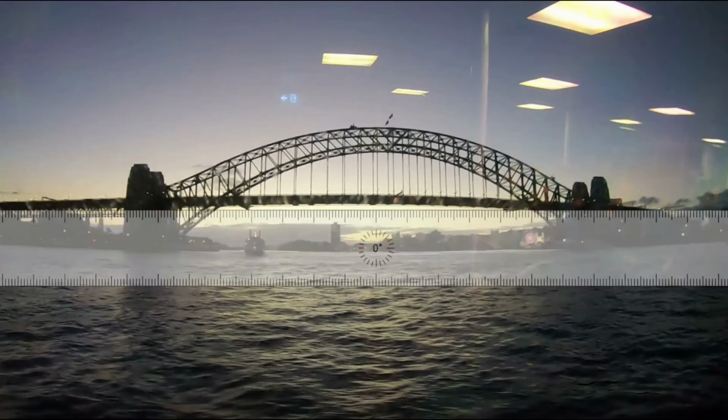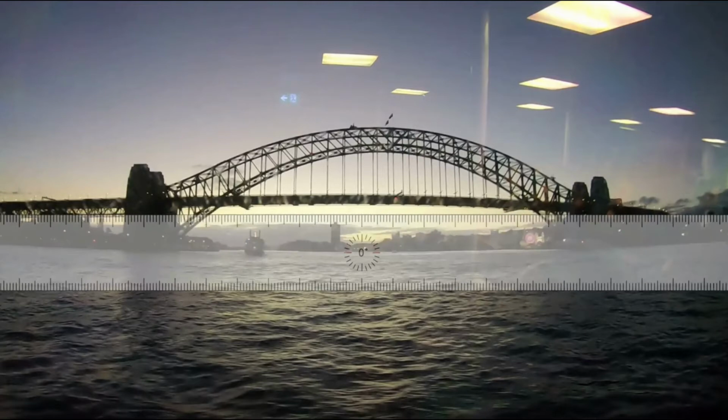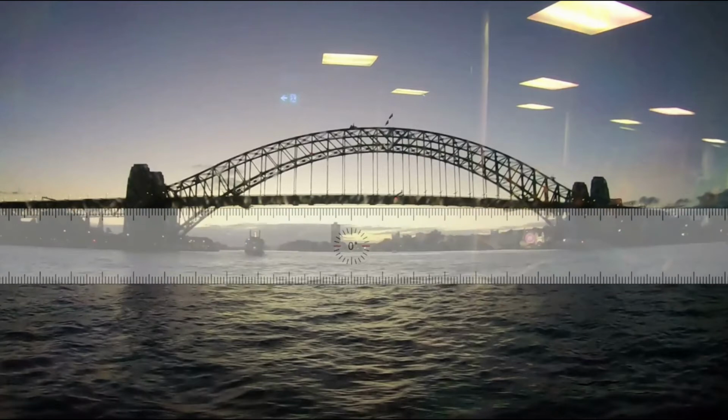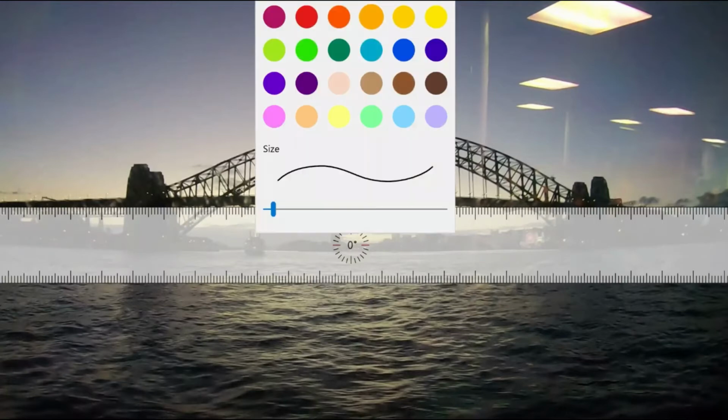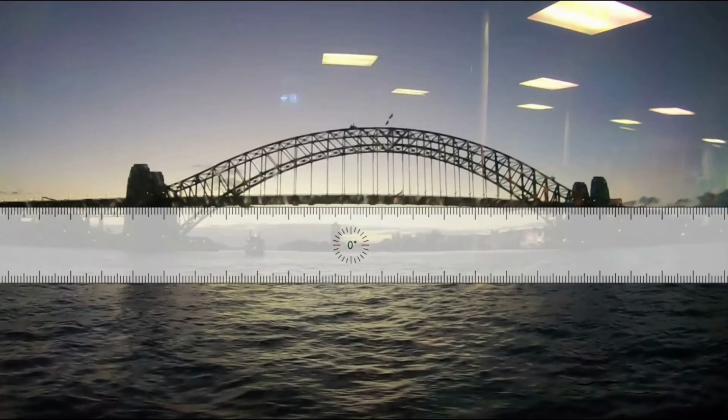So whether we want 0 degrees for the x-axis. What I can do maybe is I'll choose what color would stand out nicely. Let's say orange. So with the orange color, I will just go right across here, and I'll leave it at that.